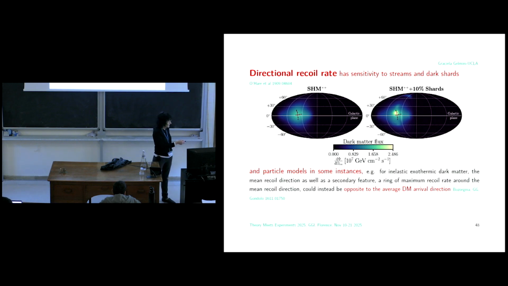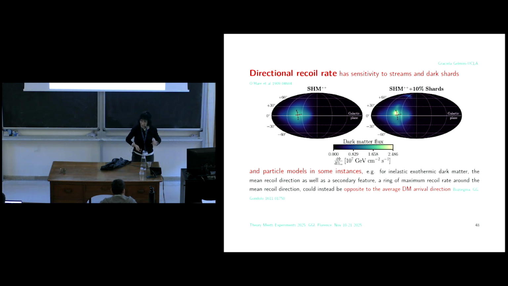And inelastic exothermic dark matter could produce recoils that are in the direction against the direction where you would expect your recoil to come. So you have the dark matter, you would expect your recoils to be pointing in the direction the dark matter comes in.